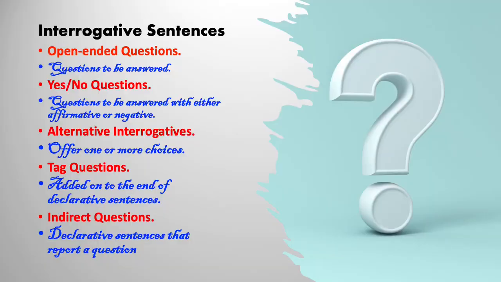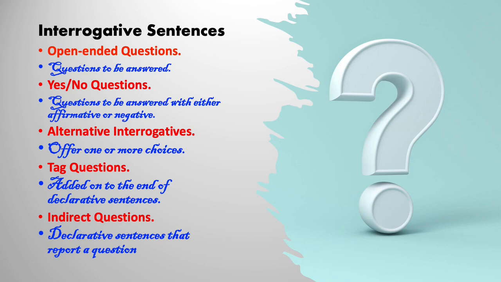There are 5 types of interrogative sentences used by the authors for effect. They are open-ended questions, yes or no questions, alternative interrogatives, tag questions, and indirect questions. Open-ended questions are questions to be answered, mostly WH questions.